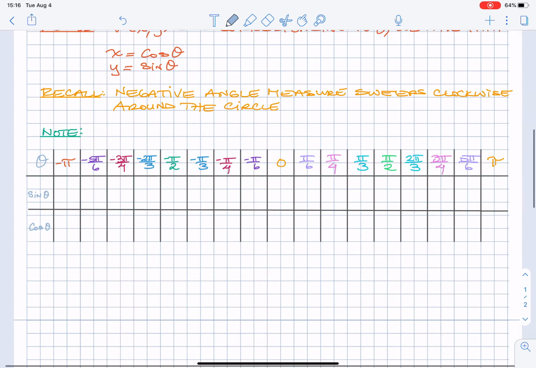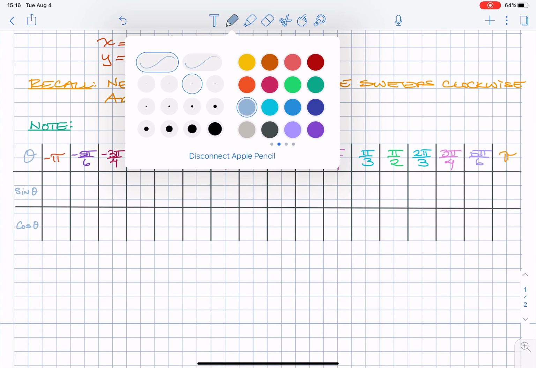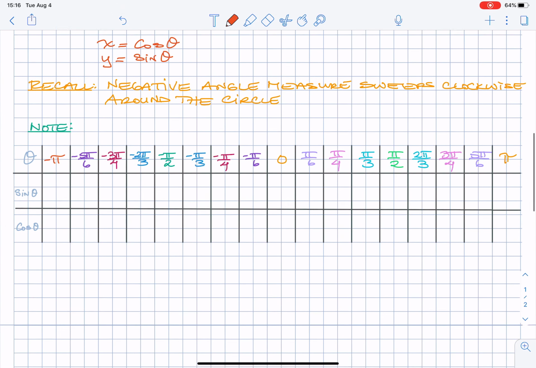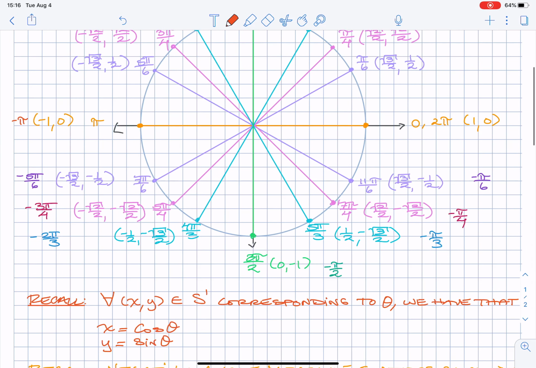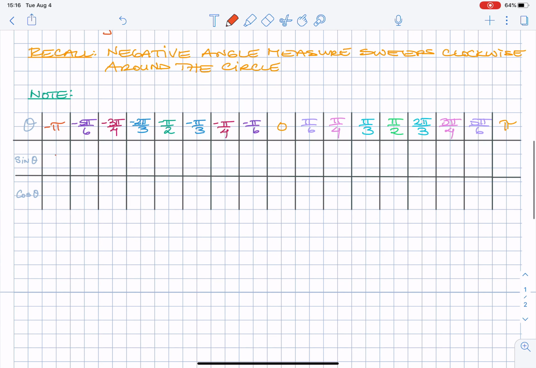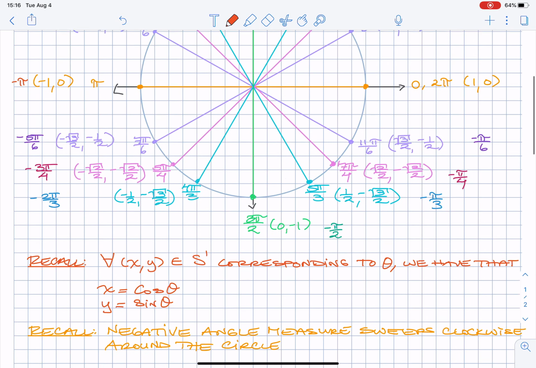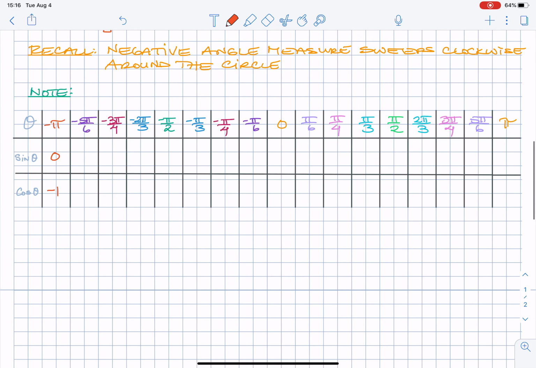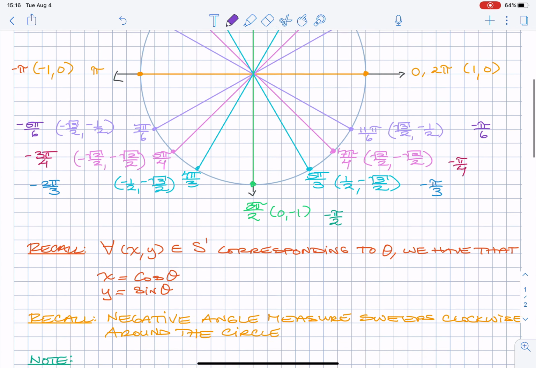Okay, so let's look at this. Let's look at the coordinate at negative pi. So it's the same as positive pi, which is -1 for cosine and 0 for sine. So this is 0, comma, -1. Or -1, comma, 0, actually. I'm doing the y coordinate first. Doesn't really matter.